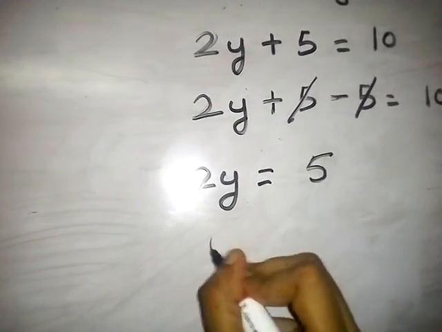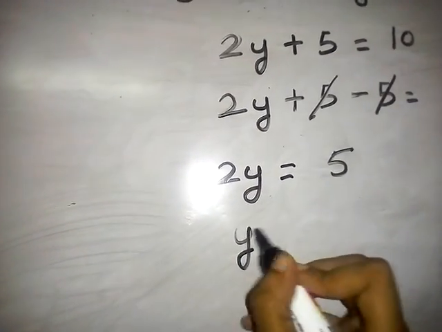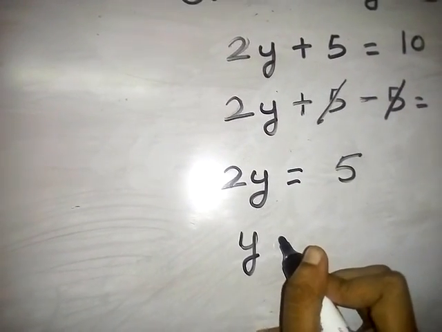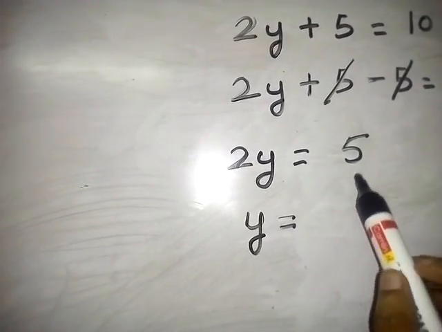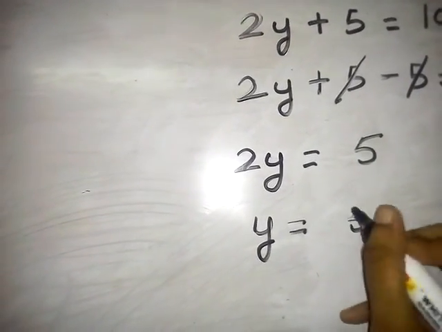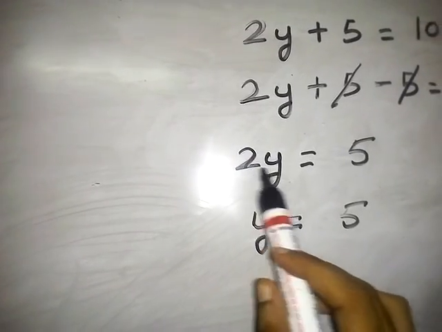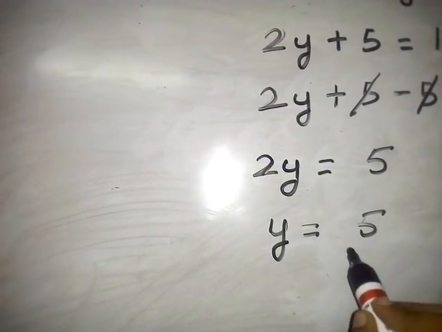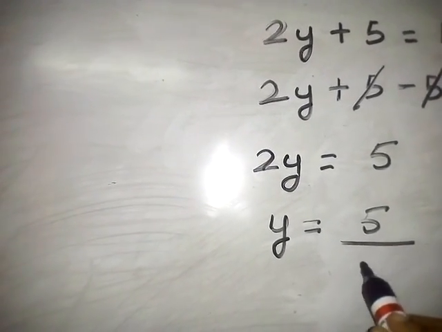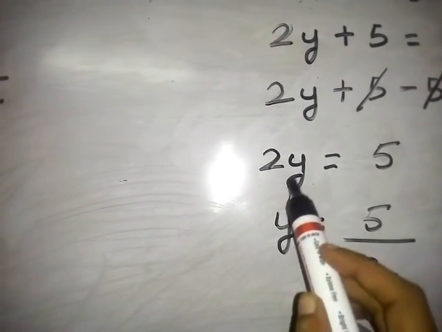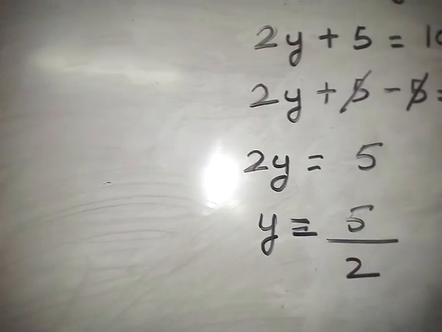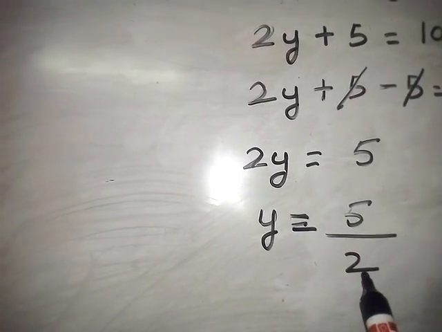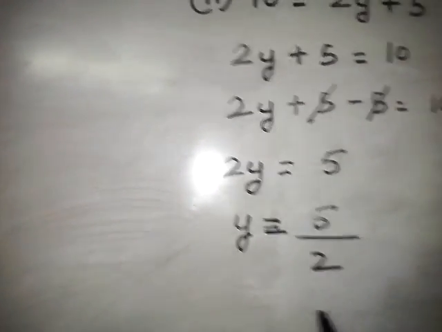So now you have to find the value of y. Y is equal to, on the right side whatever number is there, write as it is. The number with variable on the left side, you take it in the denominator when you are finding the value of y. So this is the answer, 5 upon 2, which cannot be divided further.